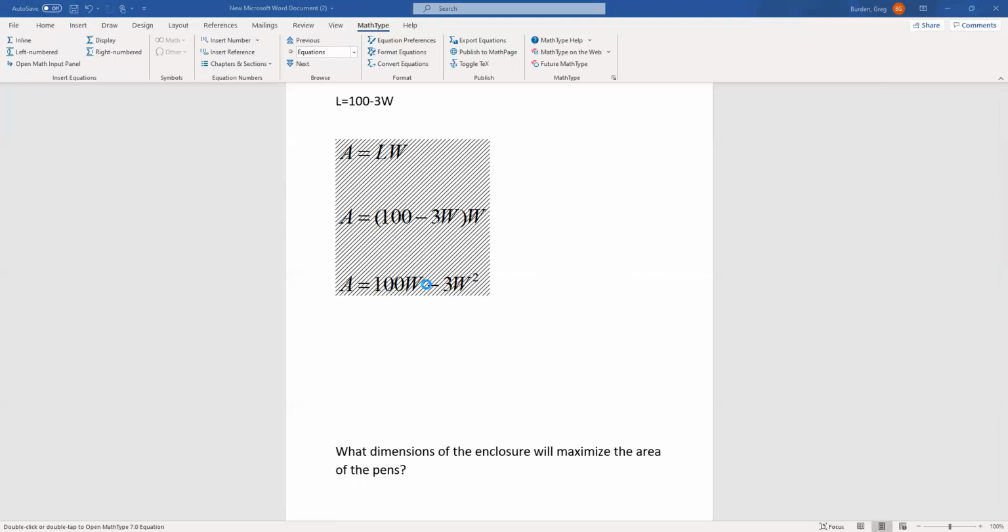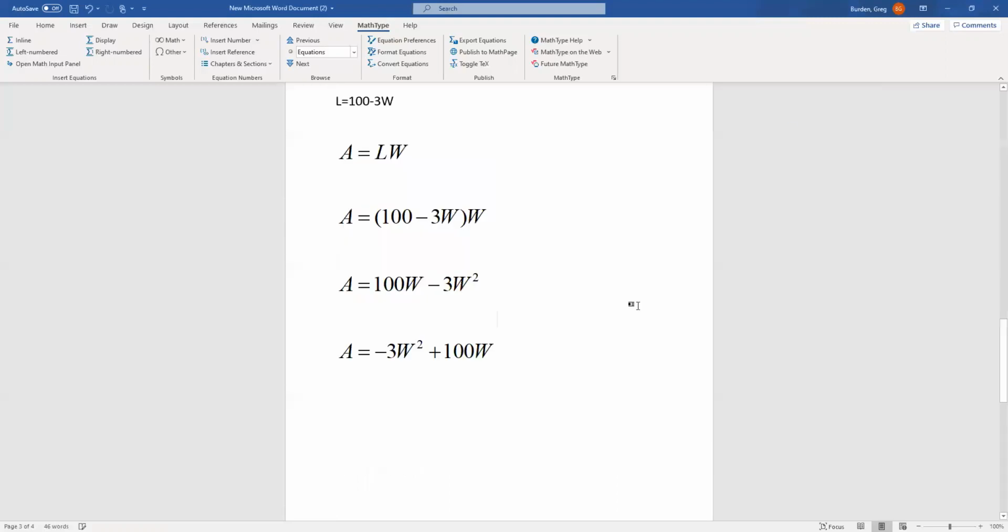So let me rewrite this in the more standard format. It makes absolutely no difference, but if we write it in the more standard form for a quadratic, the W squared term shows up first.